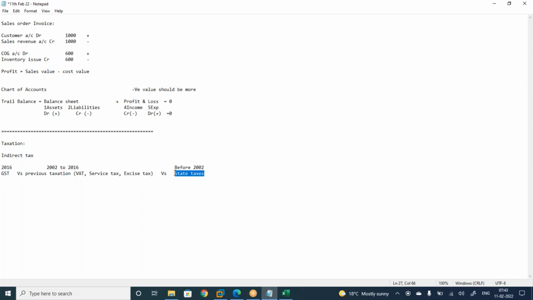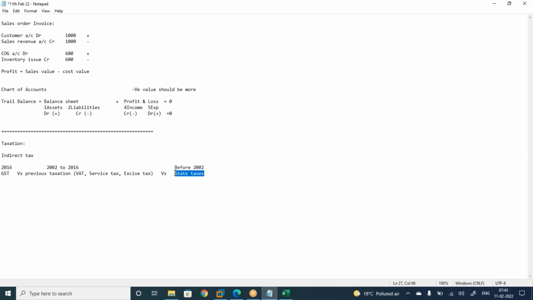What it means is, Andhra Pradesh is one state, Karnataka one state, Tamil Nadu one state, and Kerala one state. So each state has its own taxation. Suppose I am purchasing a mobile in Hyderabad, in Telangana, the tax is different.